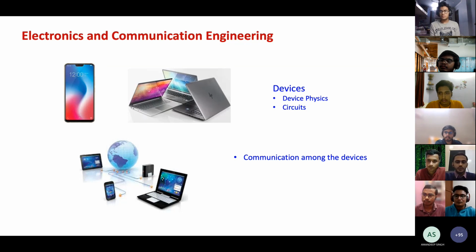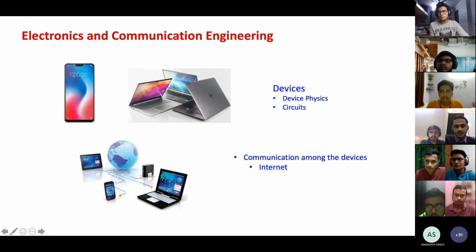The most prominent example of communication among devices is the internet. All of you would agree that the internet is a communication between various systems. Can any one of you please tell me the definition of the internet?